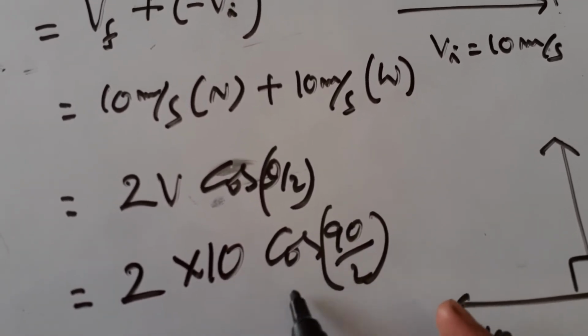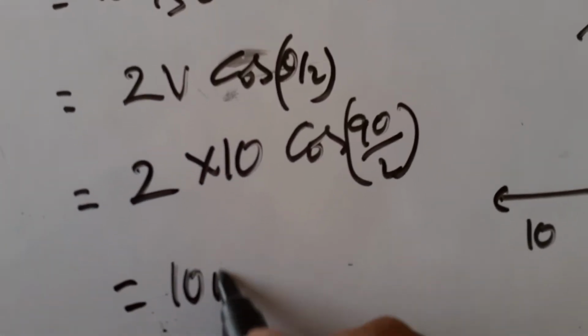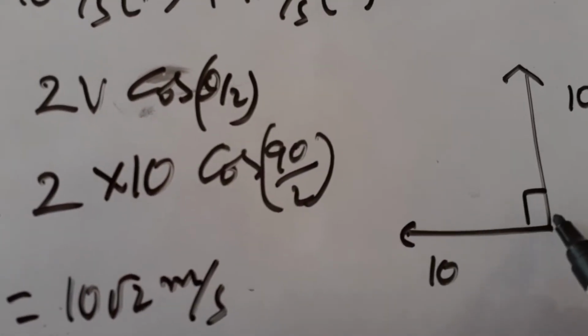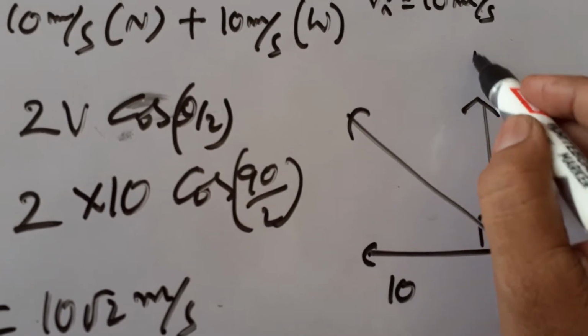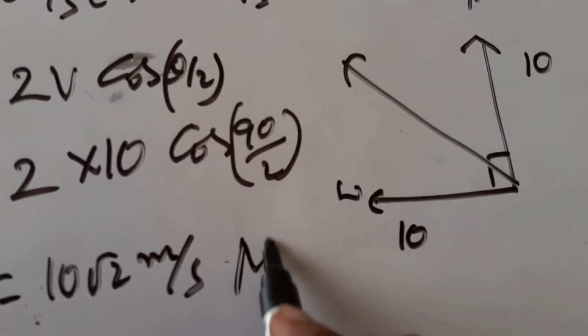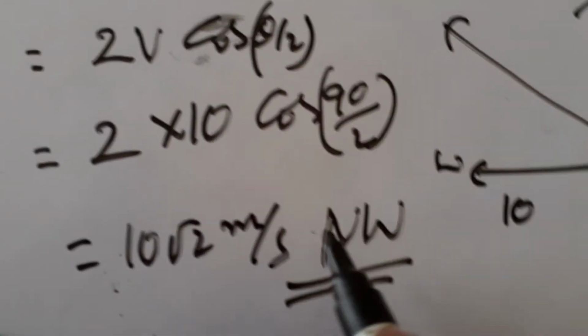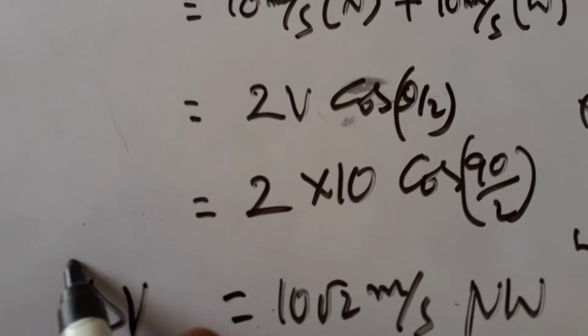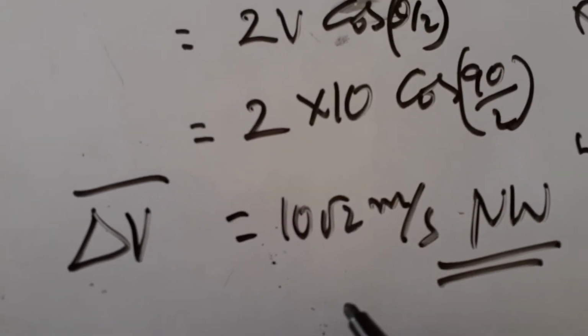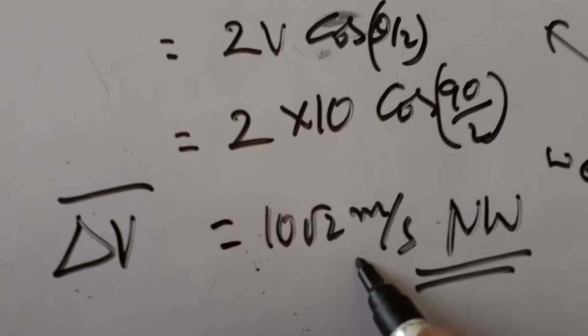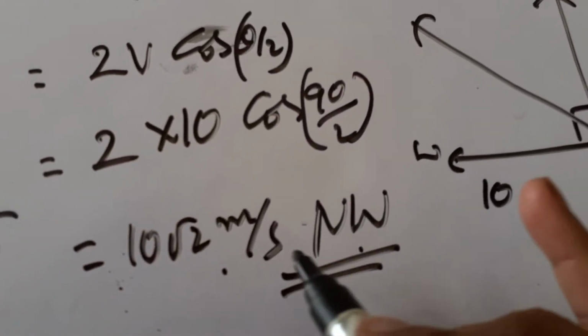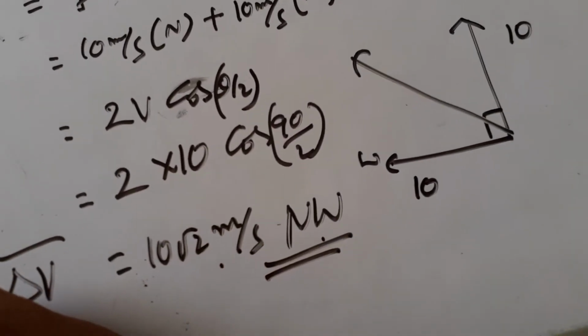Cos 45 is 1 by root 2, cancelled, so 10 root 2 meter per second. Direction: this is north, this is west, so northwest direction. That is the change in velocity in magnitude and direction: 10 root 2 meter per second northwest.